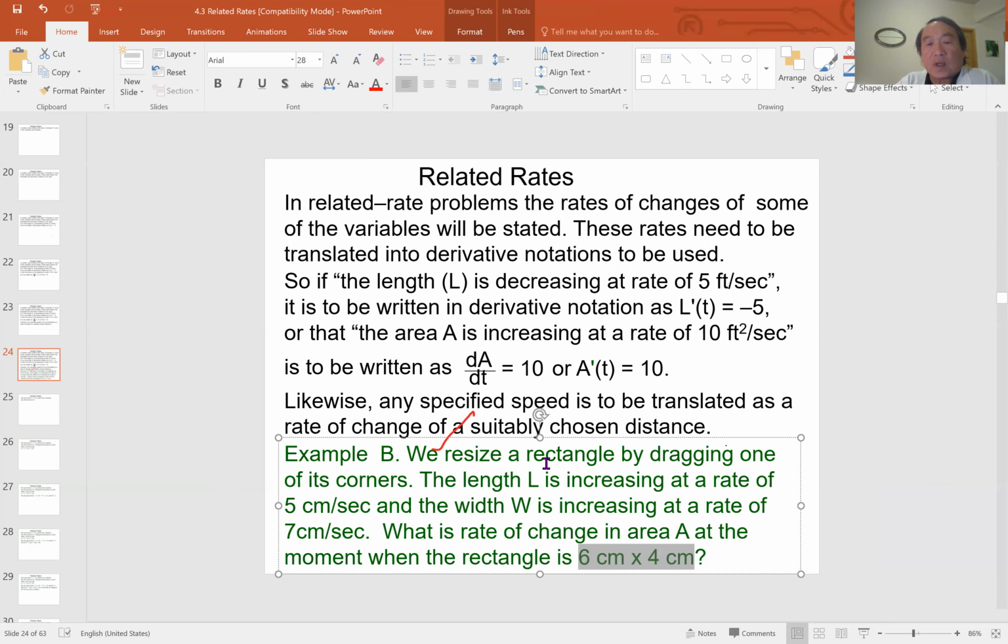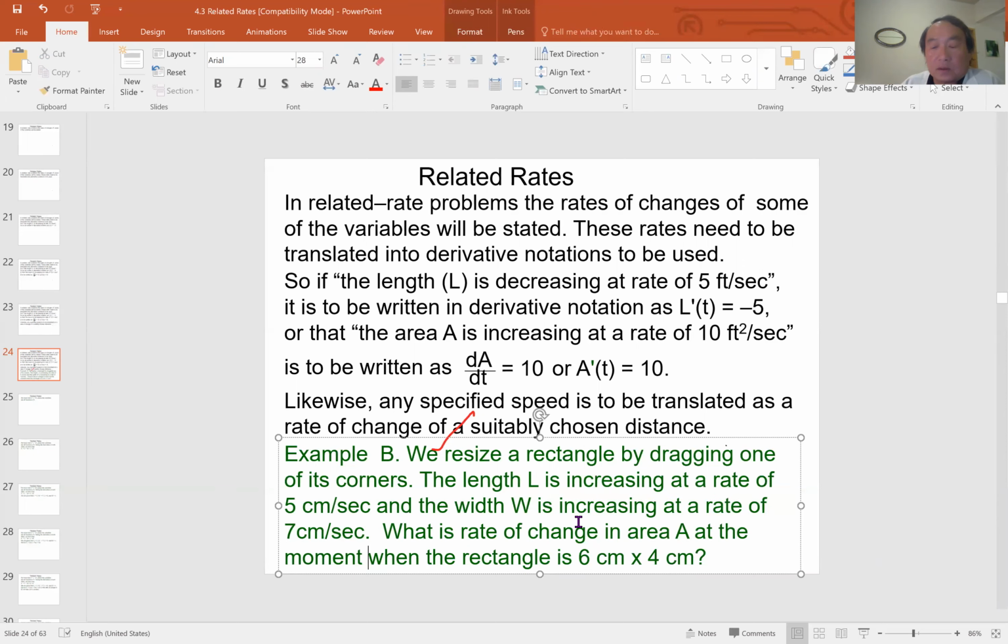The length is being dragged, increasing at 5 centimeters per second, and the width is increasing at the rate of 7 centimeters per second. Then how fast is the area it covers being expanded?